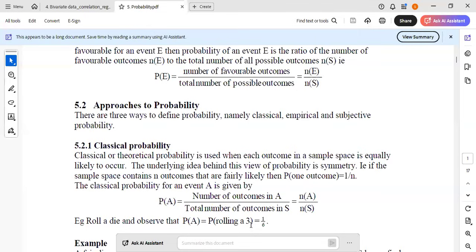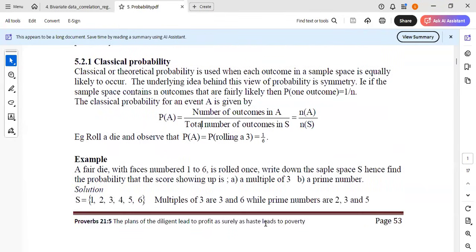A die has 6 sides: 1, 2, 3, 4, 5, 6, all labeled accordingly. You can only find one 3 from the 6 faces, and therefore that gives you 1 out of 6 as the probability.